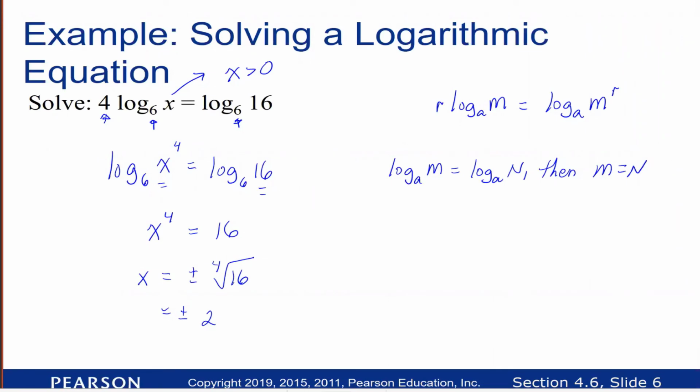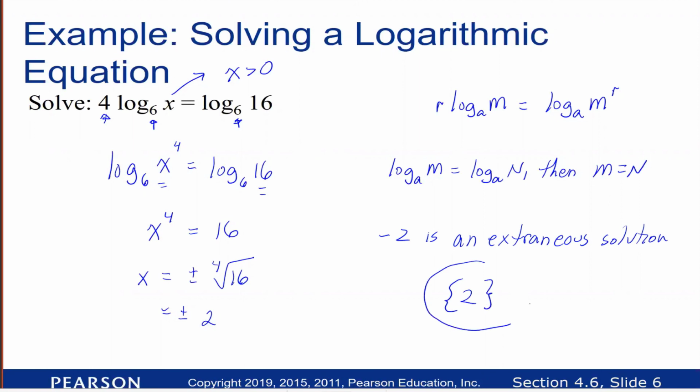Because x must be greater than 0, -2 is an extraneous solution and therefore is excluded from the solution set. So your solution set is only 2.